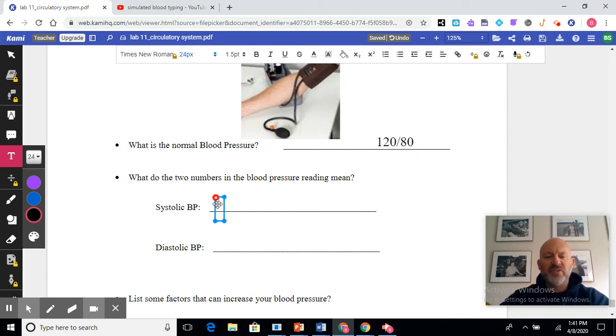So this is the systolic, when the ventricle is contracting. And the bottom number is the pressure being put on the walls of the arteries when the ventricles are relaxed.